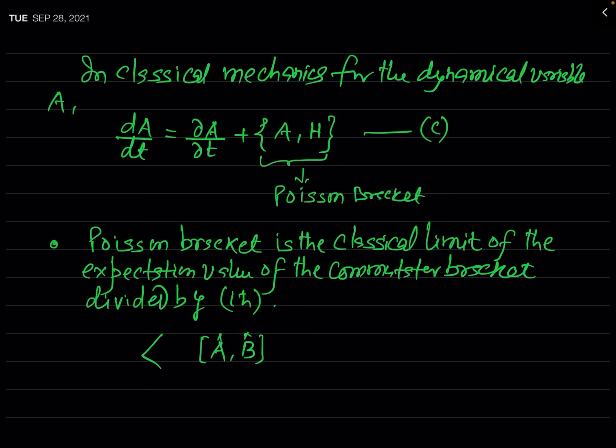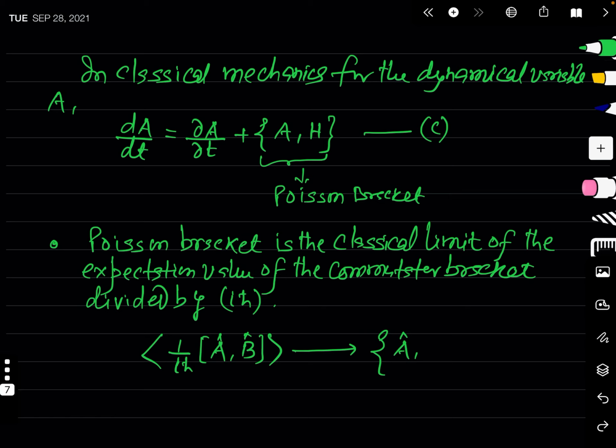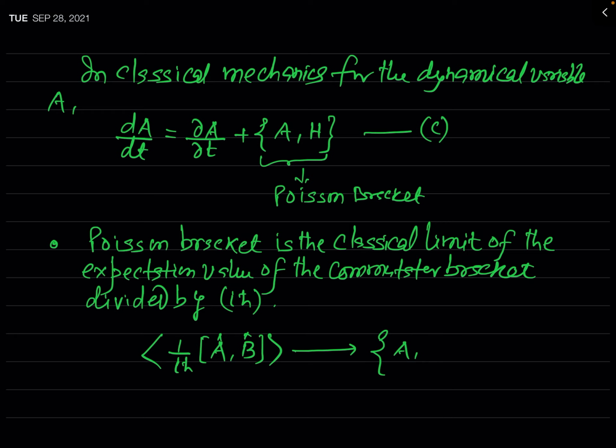I am writing generally here, and when it is divided by i h bar, then this just corresponds to the Poisson bracket of A and B. Don't write here A hat, but we should write simply A, because in classical mechanics these are dynamical variables, and in quantum mechanics these are operators corresponding to those dynamical variables.